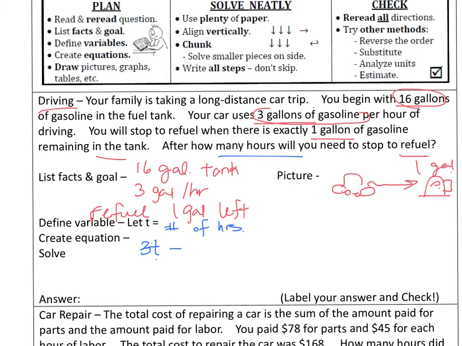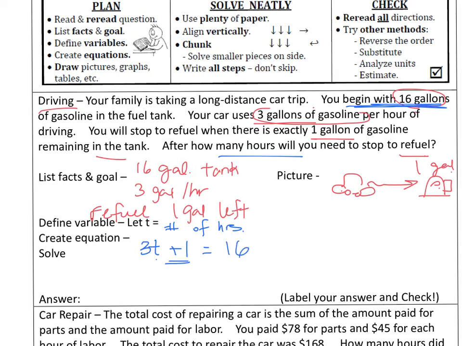And you will need to add 1 because you need to stop to refuel when there's exactly 1 gallon of gasoline left. And the total amount of gasoline that the car can hold is 16 gallons.